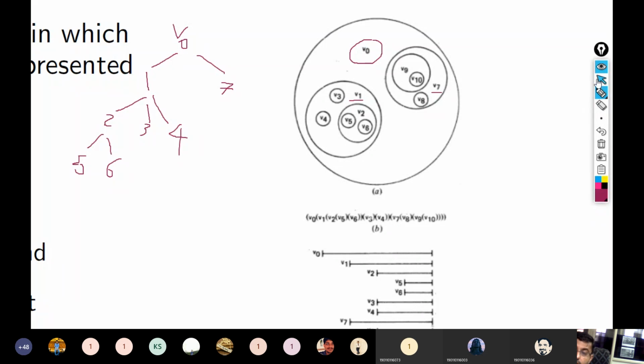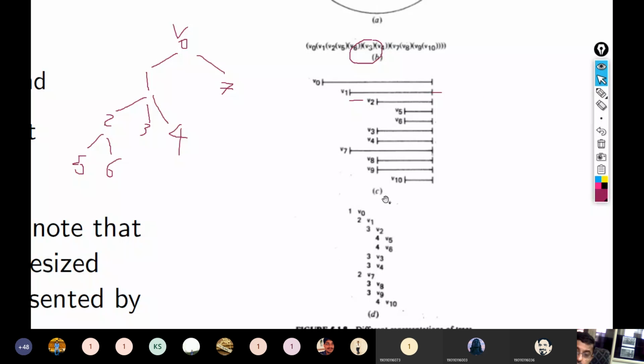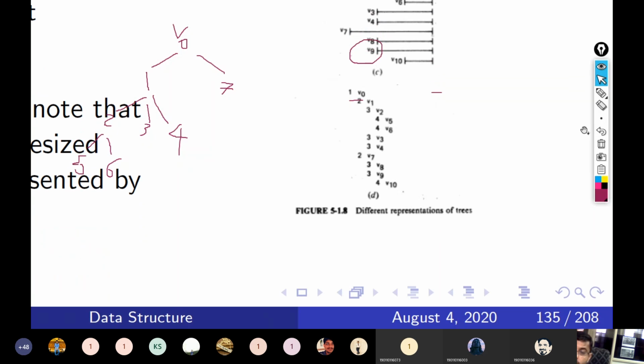In the same way, the same tree can be represented with this table of contents. V1 is subtree and V7 is subtree. Then V2 has V5 and V6, and V1 has V2, V3 and V4, like this. And you can also mention it using the labels.